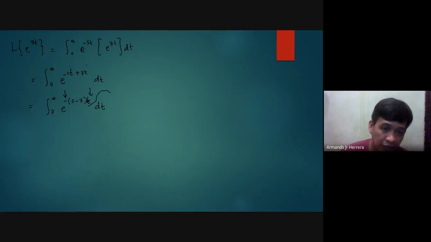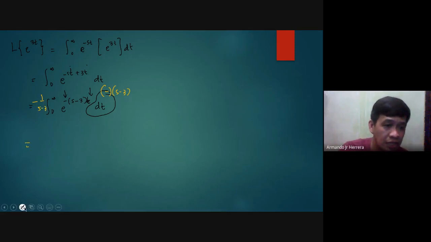So, to evaluate that with respect to t, ititreat natin yung s minus 3 as constant. So, I need to provide here negative s minus 3 and then compensate negative 1 over s minus 3 outside the integral sign.